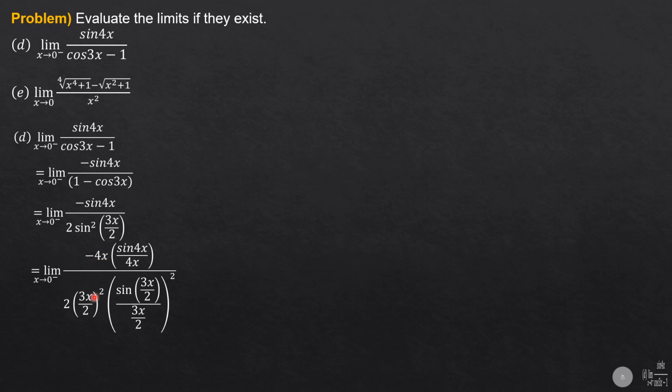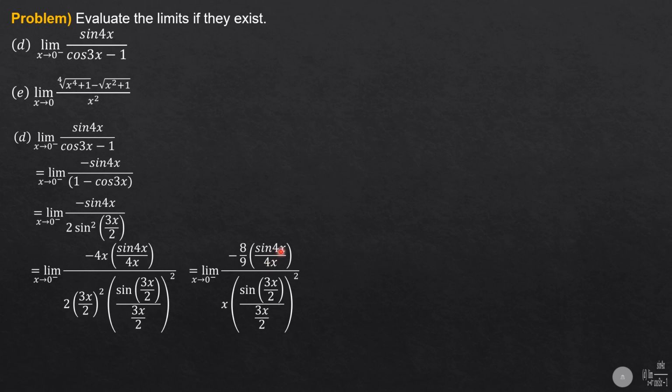Then we cancel x because the denominator is x squared over 9. So negative 8 over 9x. Negative 8 over 9 sine of 4x over x, then divided by x times quantity sine of 3x over 2 over 3x over 2 quantity squared.